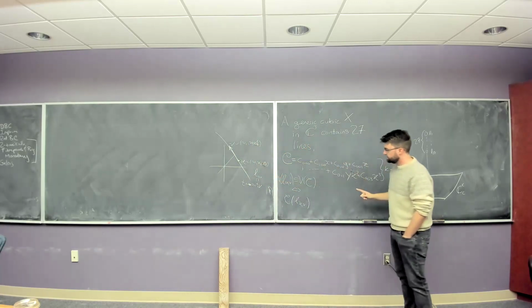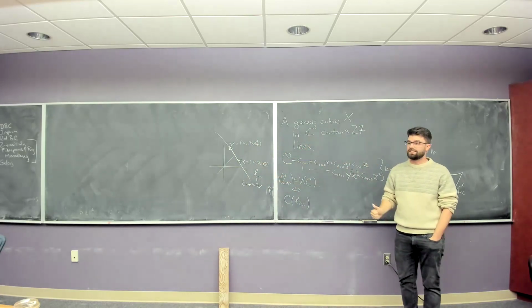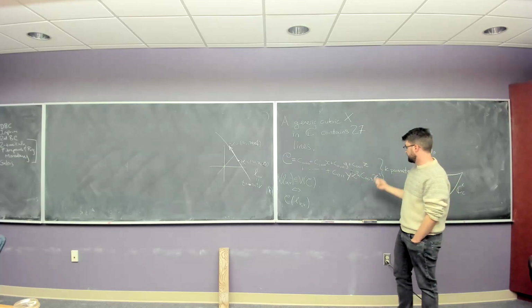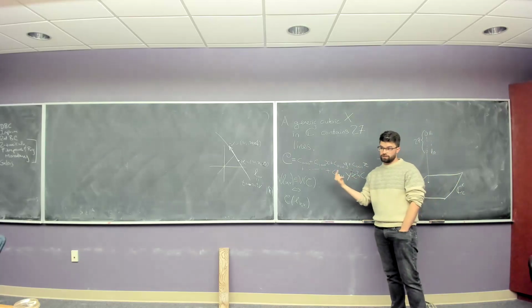And I do this composition, and I get a polynomial in t. And it has degree 3, because if I compose a degree 3 polynomial in 3 variables with linear forms, I don't change the degree.